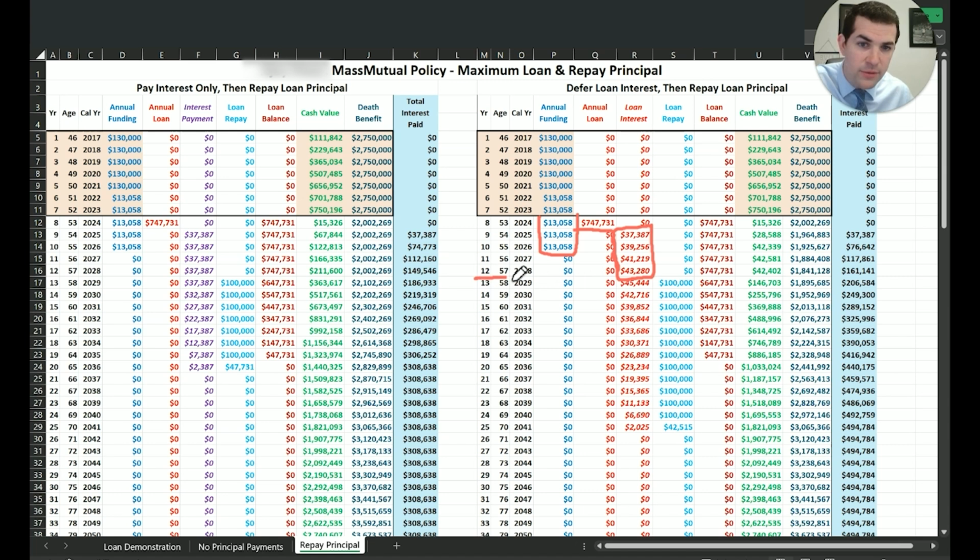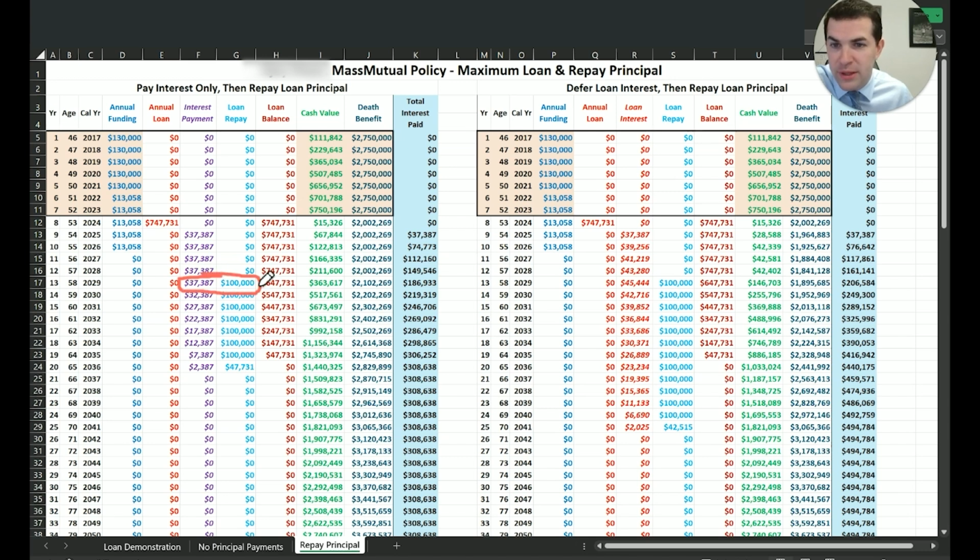And then down here at age 58, we're assuming you only apply $100,000 per year toward the principal. What I mean when I say only $100,000, again, this number can be anything to the left. We assume that you applied $100,000 toward the loan principal, that is, and paid loan interest of $37,000.